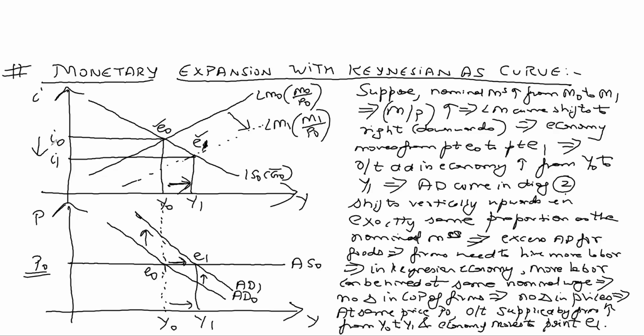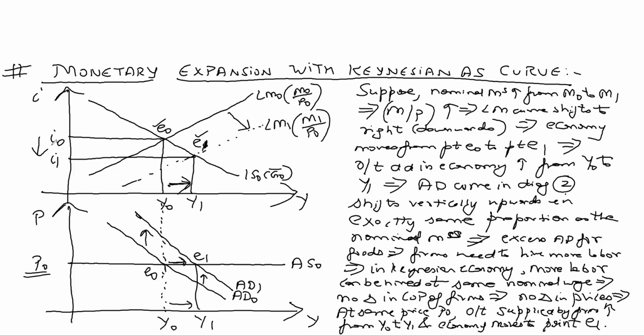So if I tell you monetary expansion is a better policy than fiscal expansion, because monetary expansion will ultimately in net terms cause the interest rates to fall, which in turn will cause investment to rise, unlike the fiscal expansion, where the interest rates will eventually rise, causing the investments to fall.